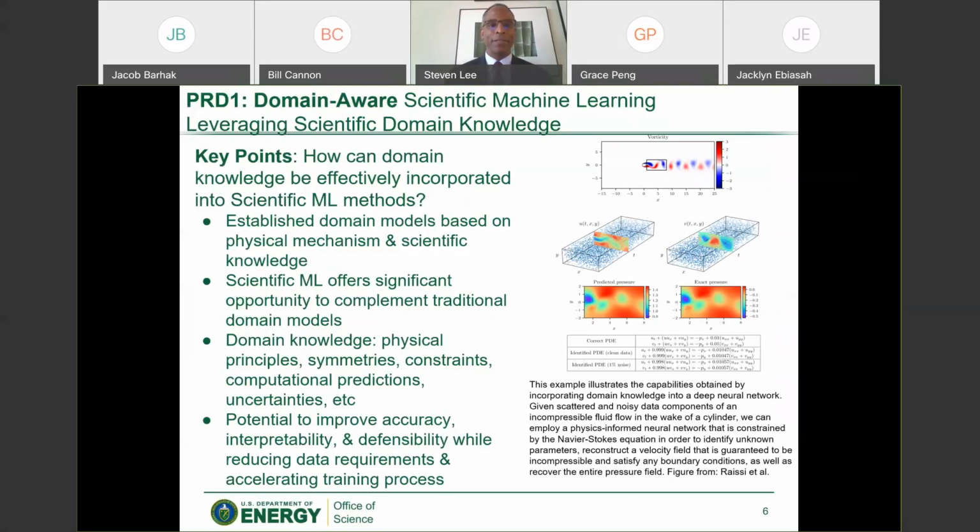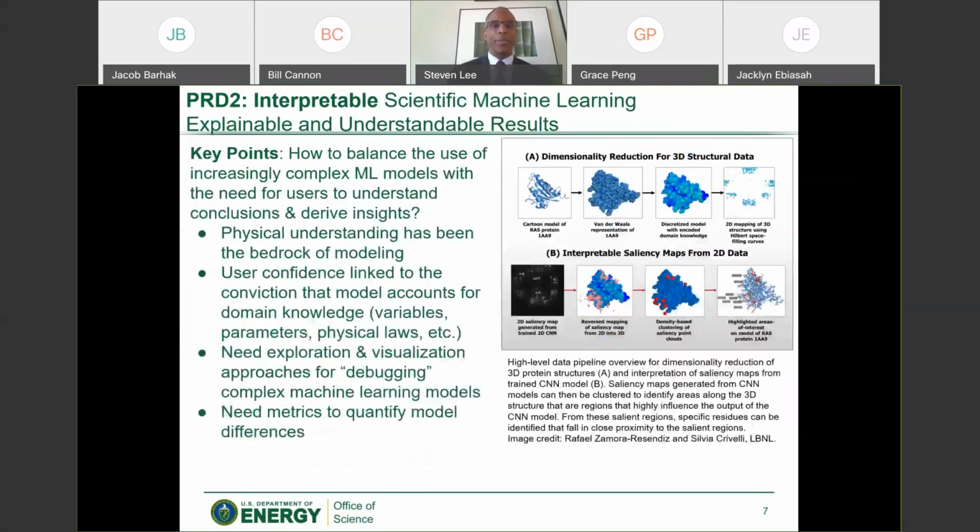The second research direction, foundational, is related to interpretability. There's a need for not only getting results, but also being able to explain and understand them. How do you balance the need between getting a result that seems correct versus understanding how the result was achieved?